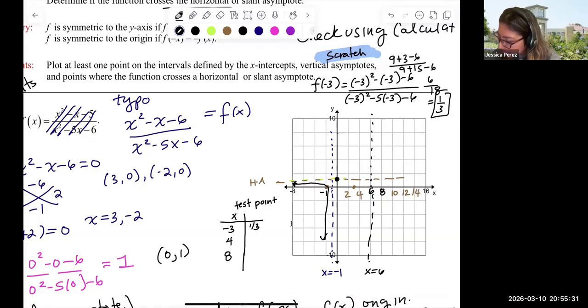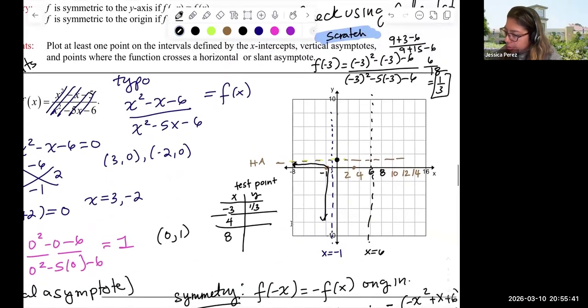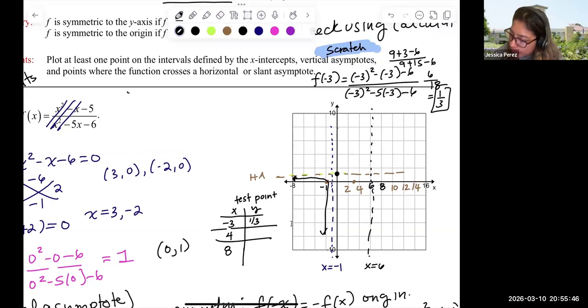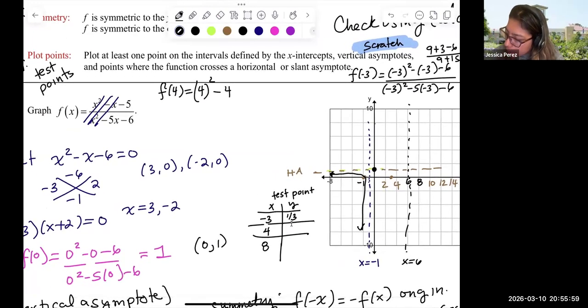So here I got positive 1/3, that's my y value. What happens at x equal 4? If I plug it in, again, I'm doing scratch work. So f of 4 is going to be equal to 4 squared minus 4 minus 6 over 4 squared minus 5 times 4 minus 6.